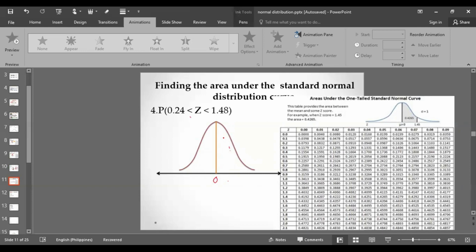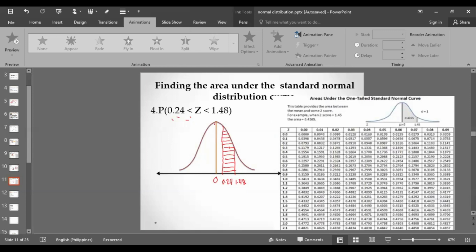This is the mean. 0.24 is located right here, while 1.48 is right here. Again, we are to find the area between the z-scores 0.24 and 1.48. So the shaded region must be this. We have to find the area of this shaded region.